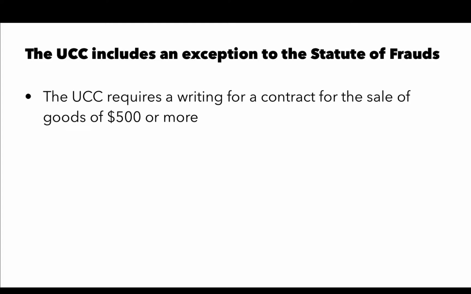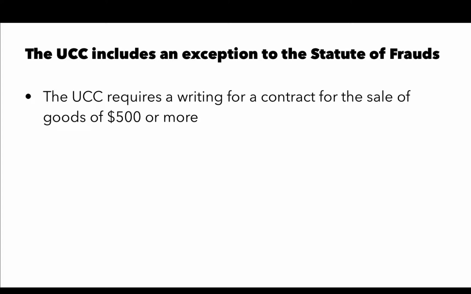The UCC requires a writing for a contract for any sale of goods of $500 or more. Now in this case, $500 at the time of the execution of the UCC back in the 1940s was a lot of money. And the belief was that if a contract is for a lot of money, then the parties should write everything down. It's for the best to write it down.